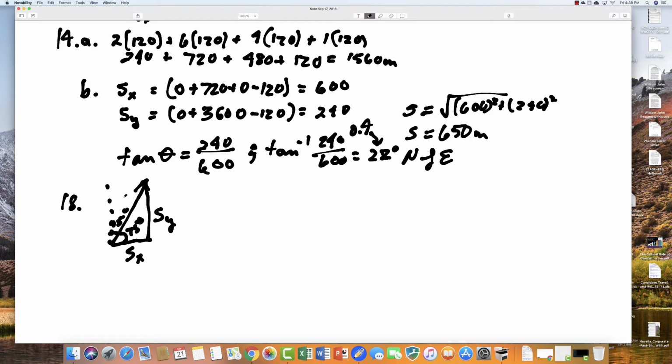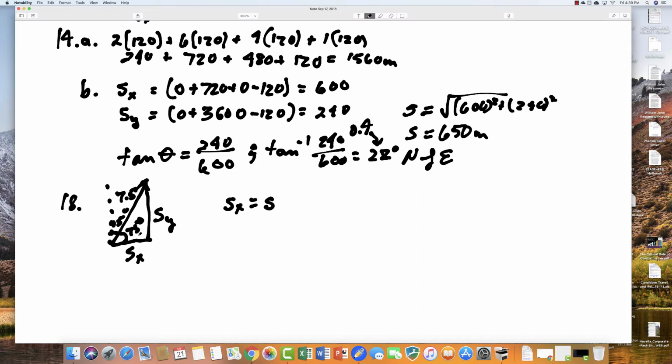This is 7.5 kilometers over here. So in this case, Sx is going to equal whatever S is times the side.